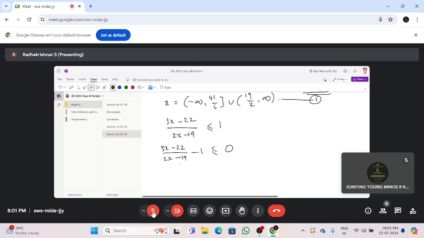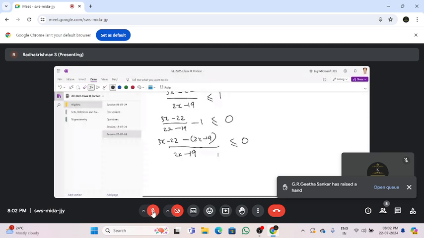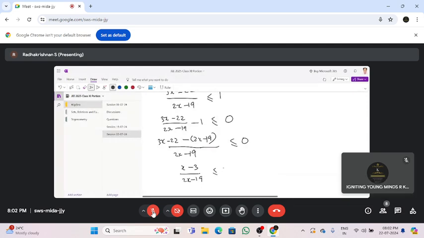Okay. So you put 2x minus 19. I will write one more step now. 3x minus 22 minus 2x minus 19. So the last expression is x minus 3 by 2x minus 19 less than or equal to 0.